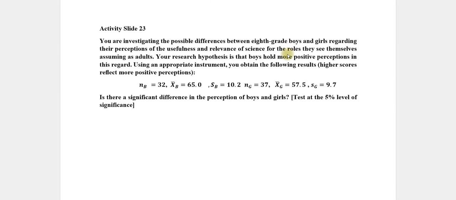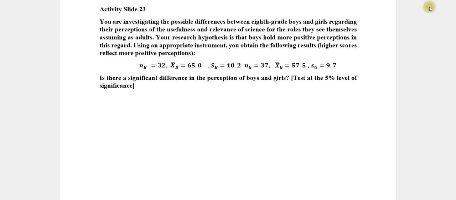So now we have another question, which is for a two-sample case. This one is a little bit similar to what we have done, but in two samples. So we'll define our terms. The terms here are twofold because you've got an average perception score for boys and you've got one for girls.